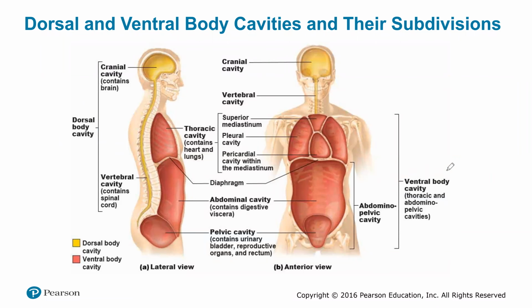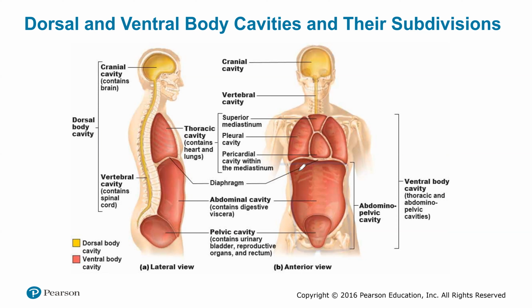Dorsal body cavity includes cranial, which contains the brain, and vertebral, which contains the spinal cord. Those body cavities are the best protected cavities in your body. Now, ventral body cavity includes the thoracic cavity. So all this is thoracic cavity, and inferior to it is the abdominopelvic cavity.